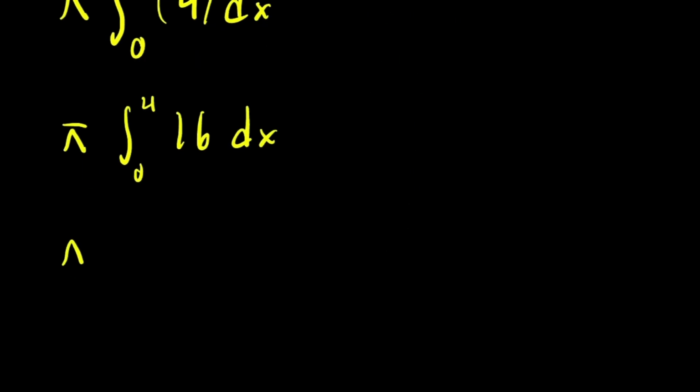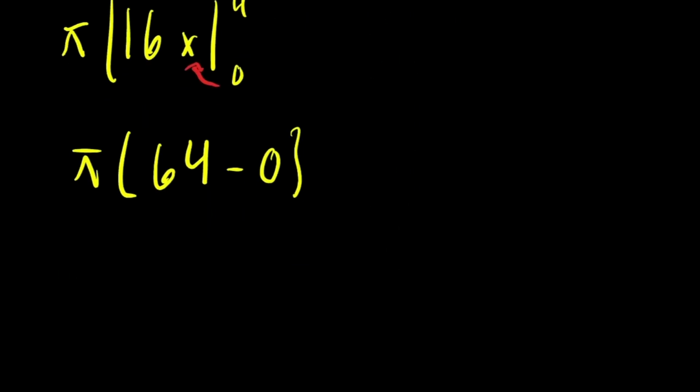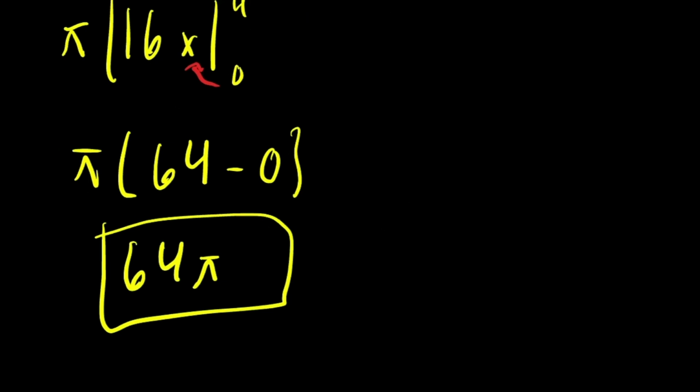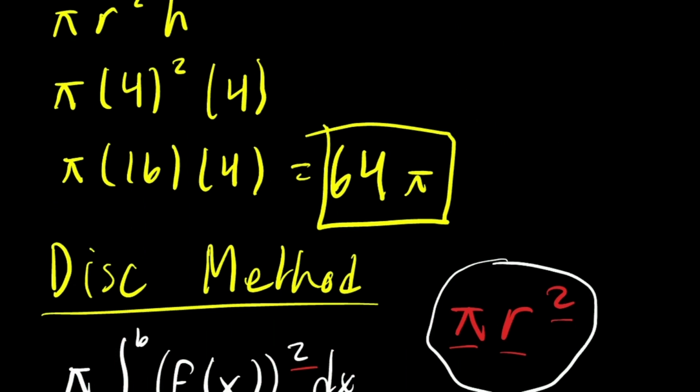And the integral of 16 is just 16x. And we plug in our bounds, so we get pi times 64 minus 0, because 0 times 16 is 0. And then 64 times pi is 64 pi. So we get the same answer as what we did when we did geometry.